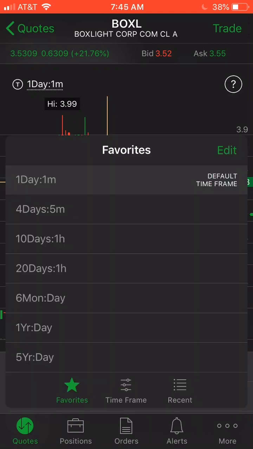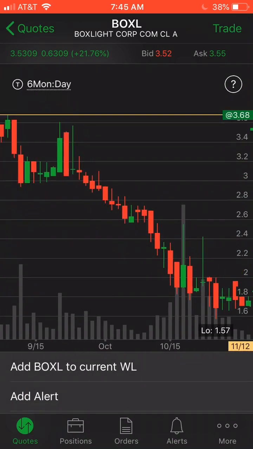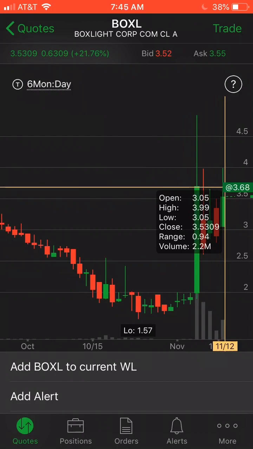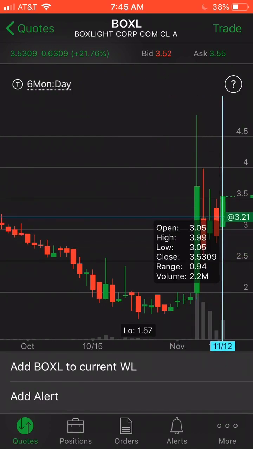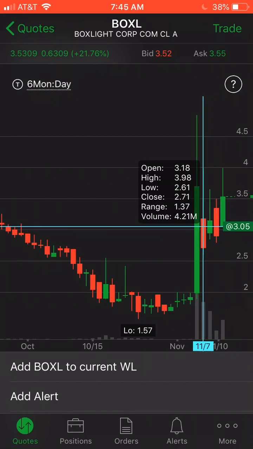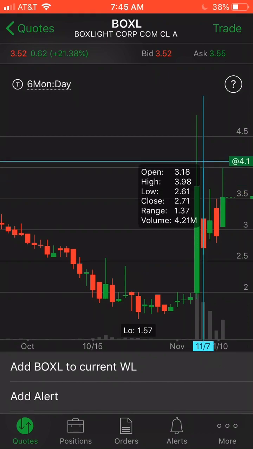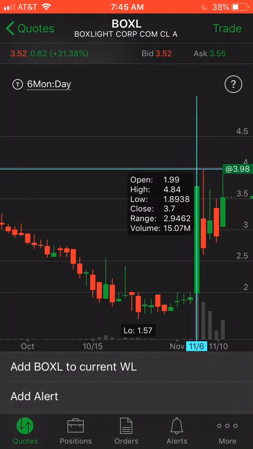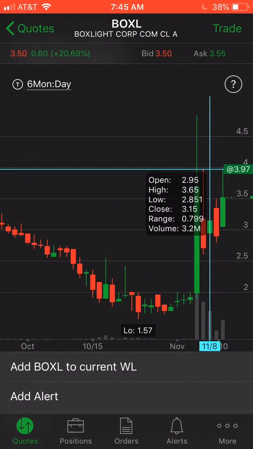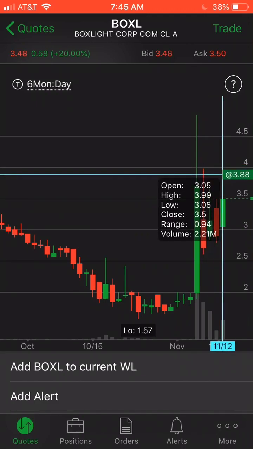So let me look at the daily chart again. So yeah, right now the volume is still like 2 million, so it could possibly later on overtake this 4 million volume resistance close to $4, but still I would like to see it above.